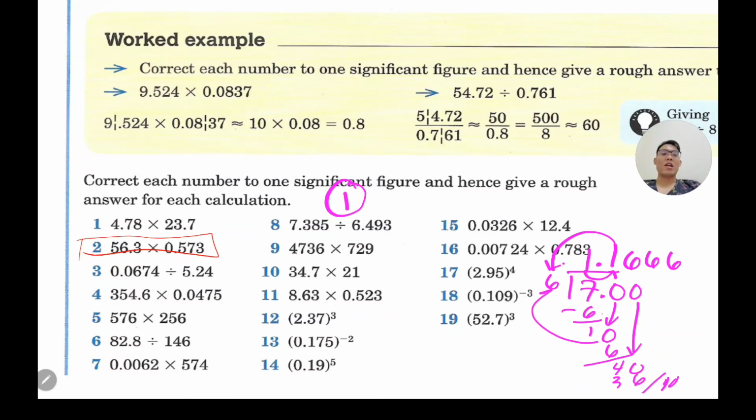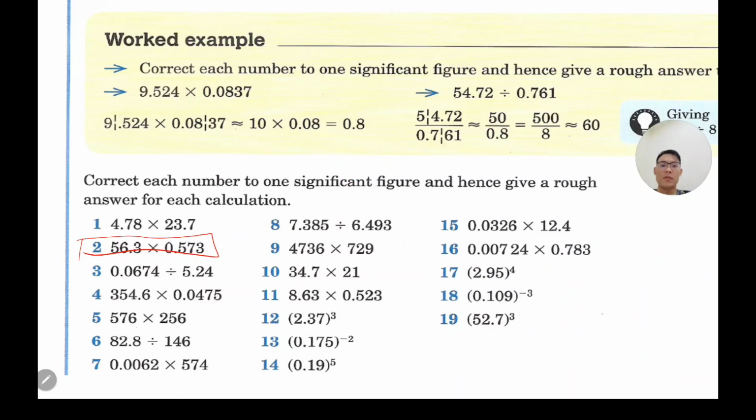Okay, so our last example would be this one. Let's try number 17. In number 17 here, it says 2.95 times 2.95 times 2.95 times 2.95. So you have to multiply 2.95 by itself 4 times because it's to the power of 4, isn't it?